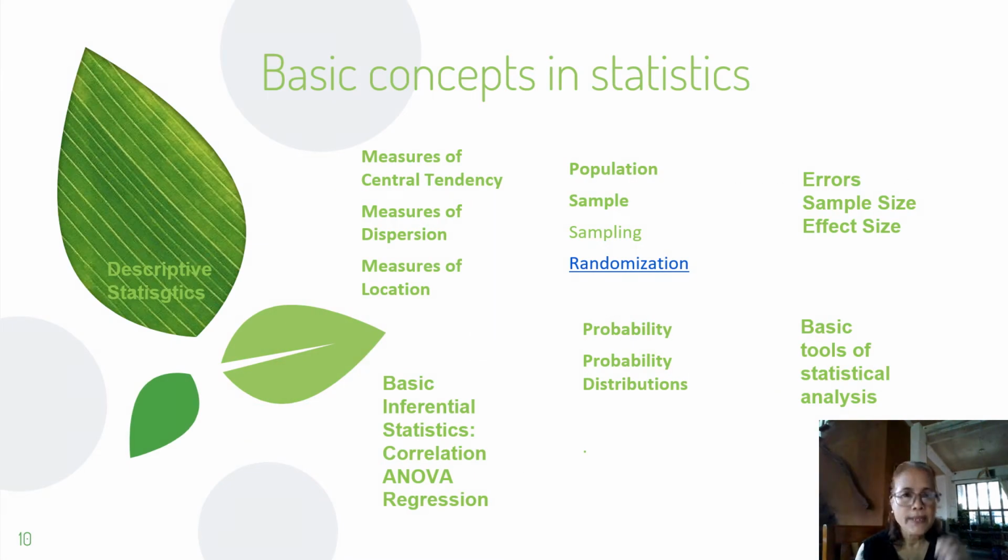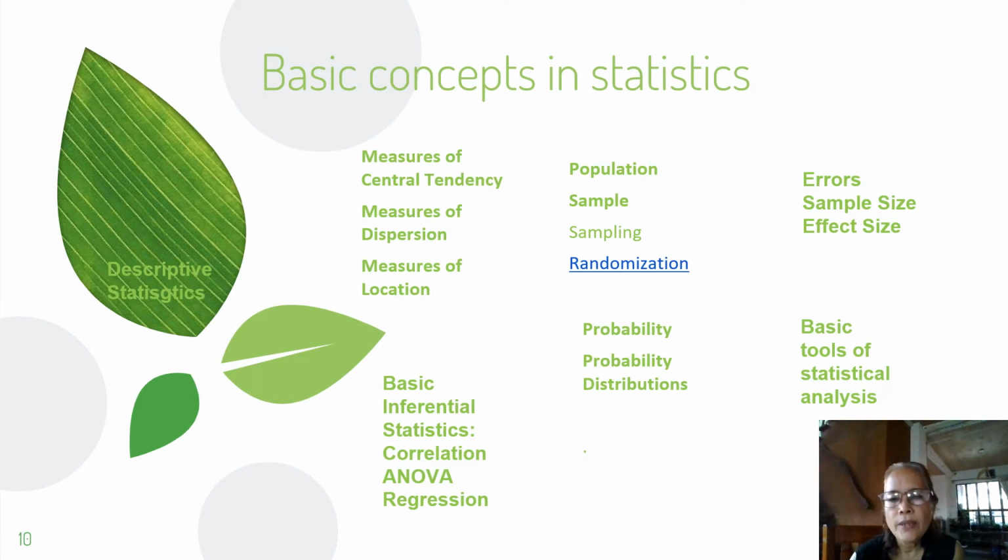So what are the basic concepts in statistics which we will demonstrate initially in the second part of this discussion? So we have measures of central tendency, measures of dispersion, and measures of location. We also will have to understand population, sampling, okay?